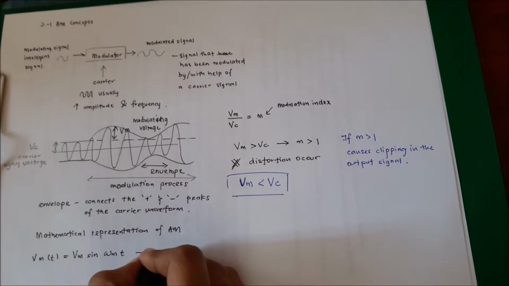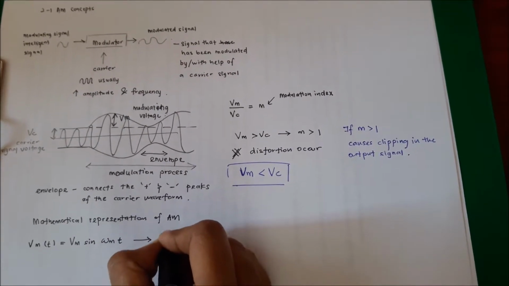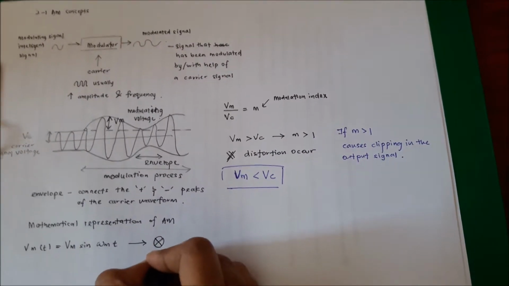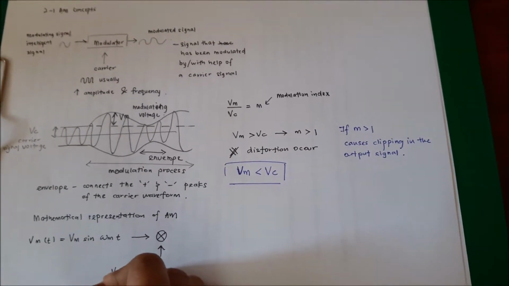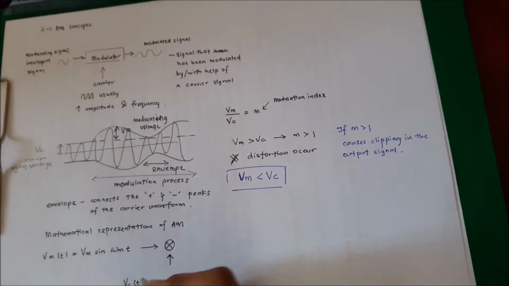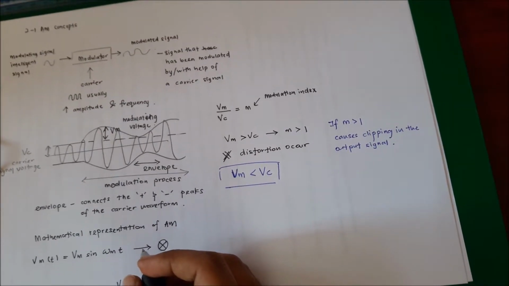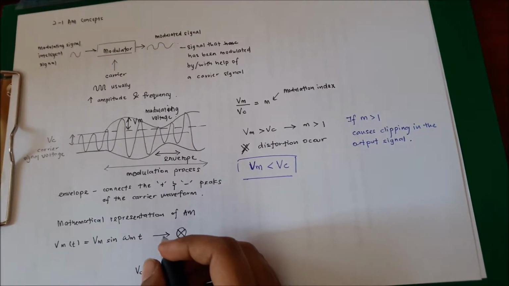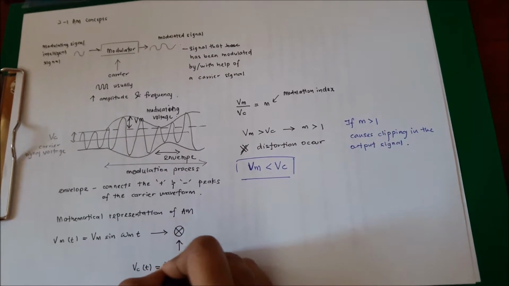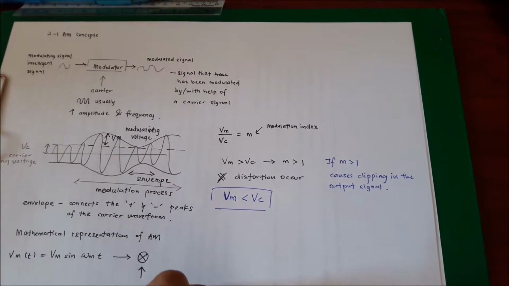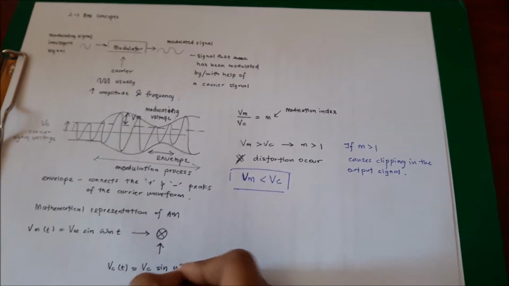And this is going into your modulator, and here is your carrier with Vc(t) equivalent to Vc sine omega c t.